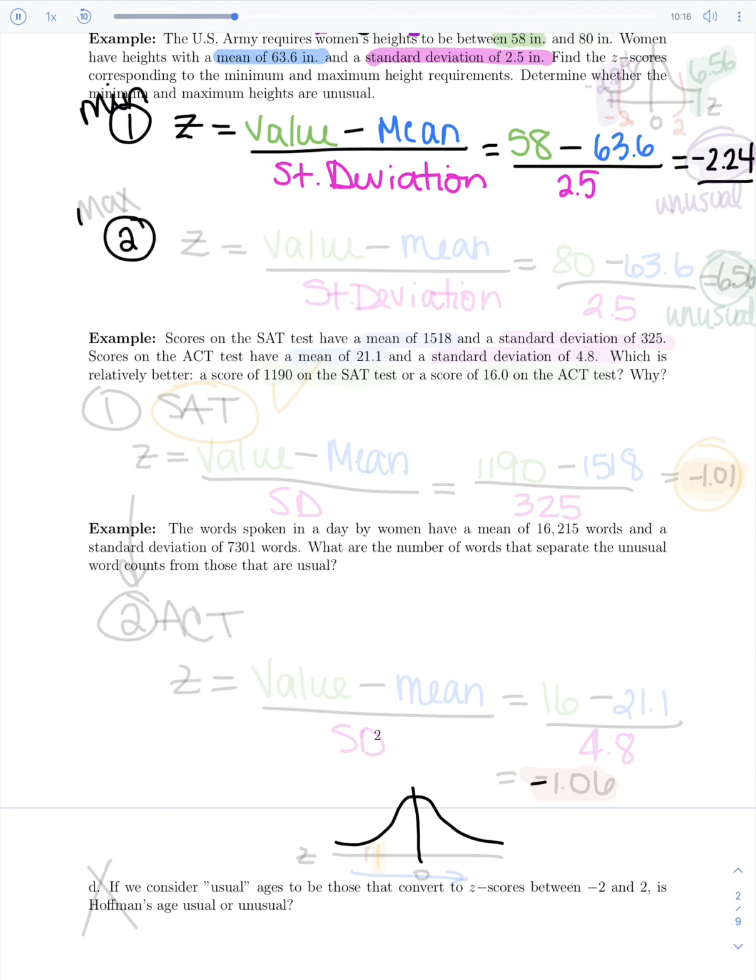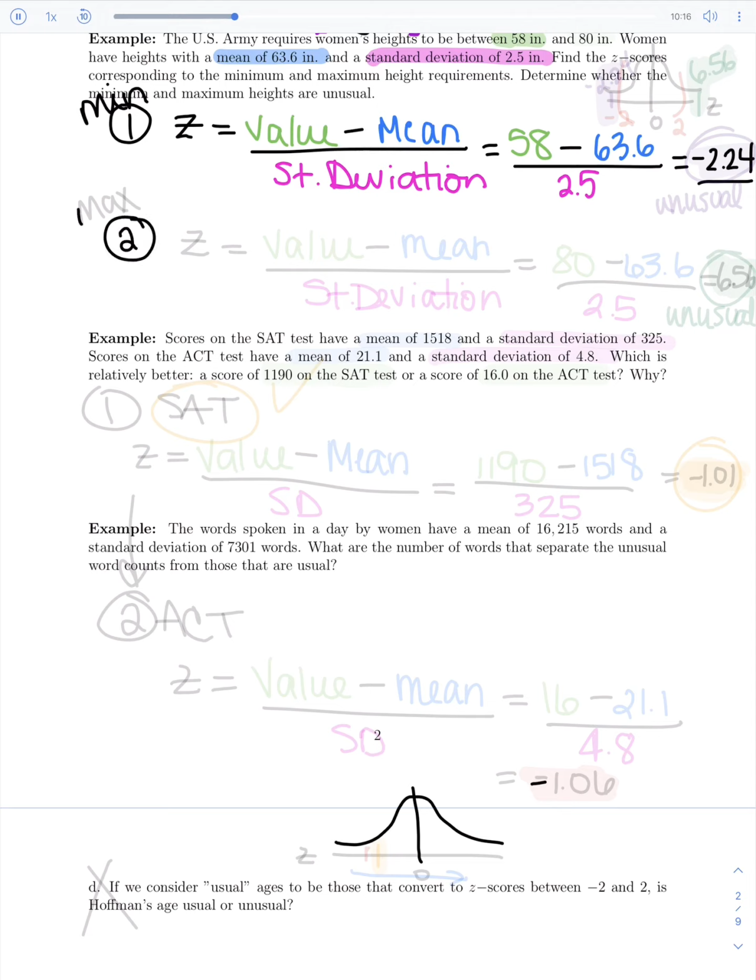So we need to use the formula all over again to find the z value for the maximum height, starting out with the value for maximum height minus, again, the mean. And again, just like on the last one, we'll divide by the standard deviation. And then we'll talk about comparing these two.